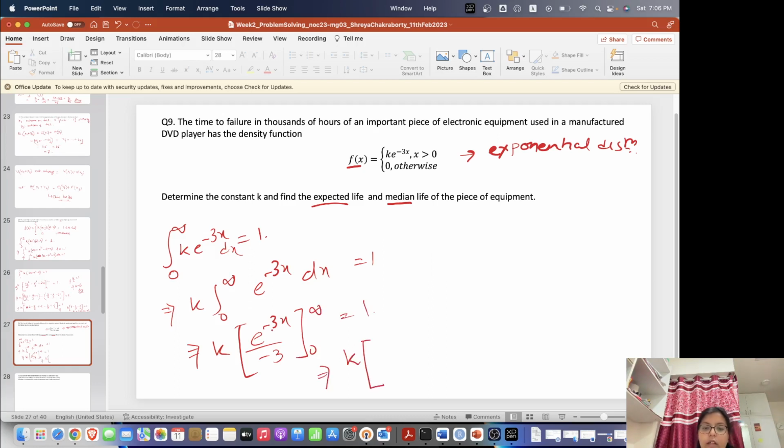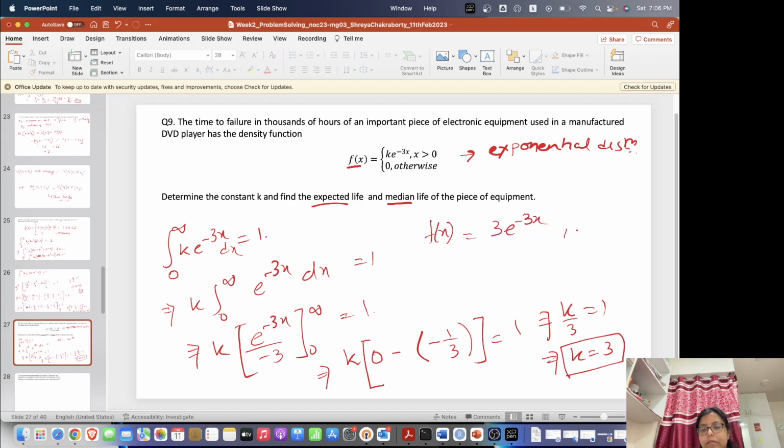K, putting infinity over here, this becomes 0, minus of this is 1, plus k by 3 equal to 1, which is k equals to 3. So putting k equal to 3, we have, this looks similar to an exponential distribution.